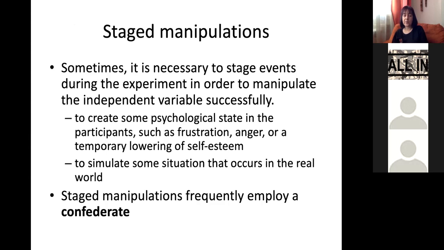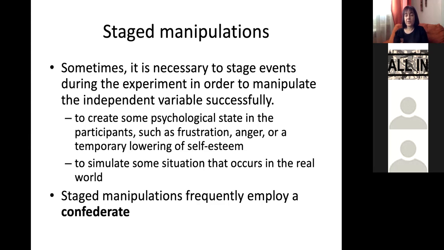This is the so-called stage manipulation, when the experimenter very often uses the so-called confederates. Those are helpers to the experimenter that design some social situation in many cases, in which they try to create some psychological state like anger or frustration.